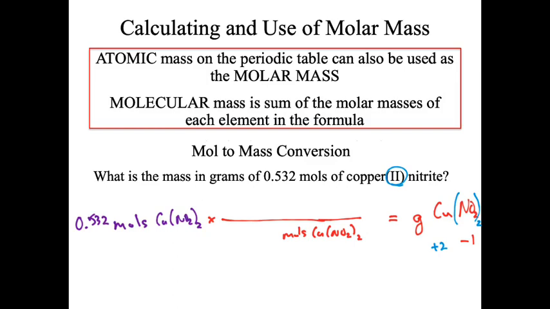Grams of copper nitrite. I now have to decide, does that conversion factor exist? Is there a conversion factor that relates mass and moles for a substance? Okay. Yes, that does exist.